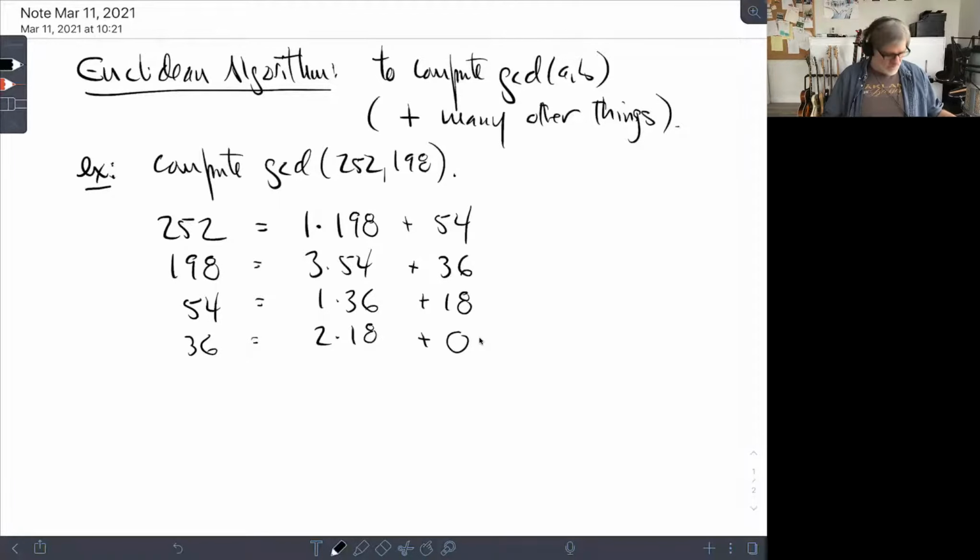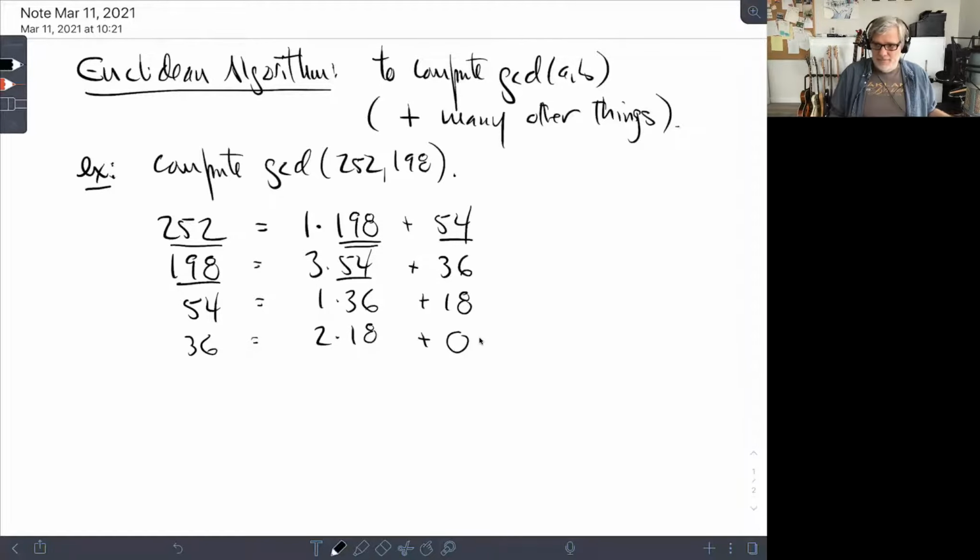Okay, so you see what I did here is I had my first pair of integers. I wanted to compute the GCD of these two. And the fundamental lemma says that the GCD of this pair must be the same as the GCD of this pair. So I repeat the procedure with 198 and 54.